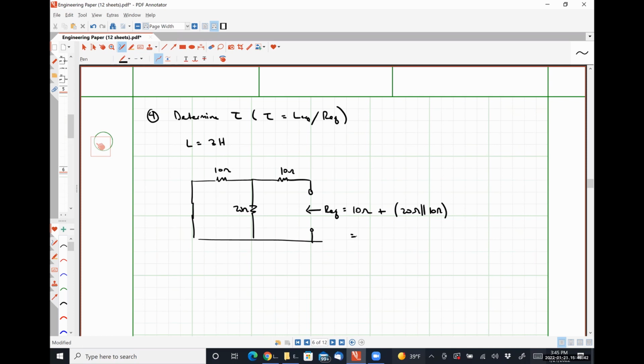So 10 plus 200 over 30 looks like 50 over 3 ohms. So from this, tau is equal to L divided by R. So that's 3 henries over 50/3 of an ohm. Looks like 9/50ths of a second if my flipping things around here worked.